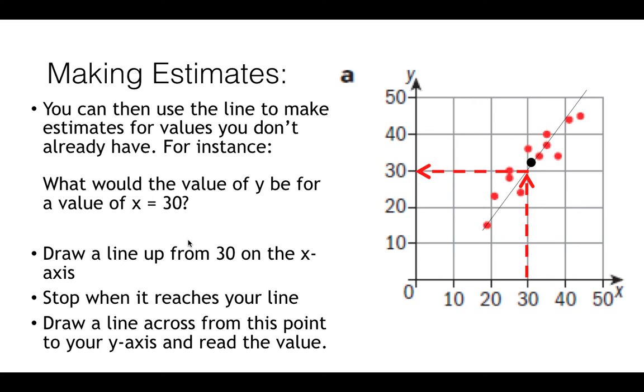So that gives me 30. So for a value of x equals 30, my y value is also 30. So I can make predictions and estimates. Obviously they are not going to be exact. You can see here we had someone who had an x value of 30 who was actually much higher on the y value than 30.